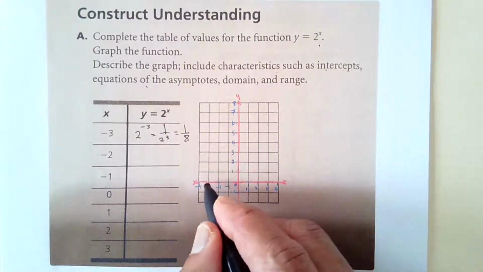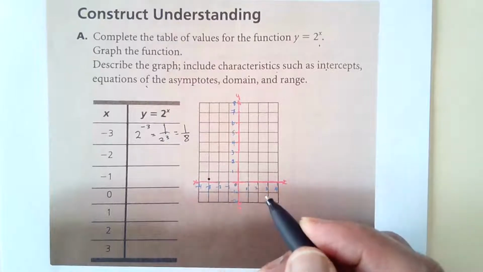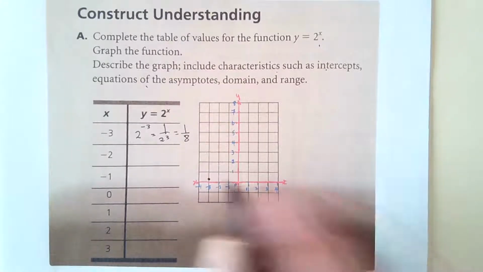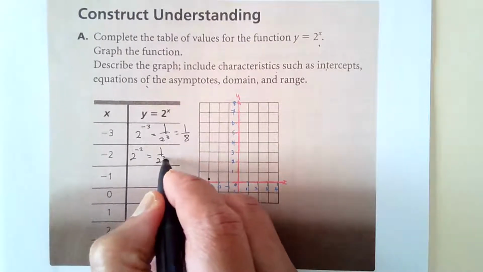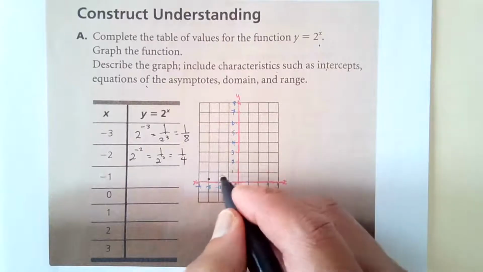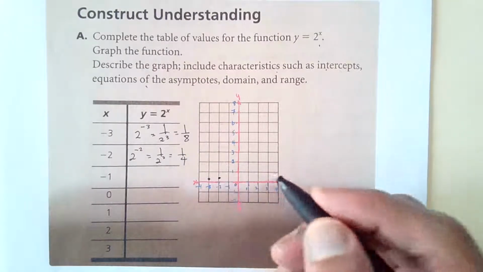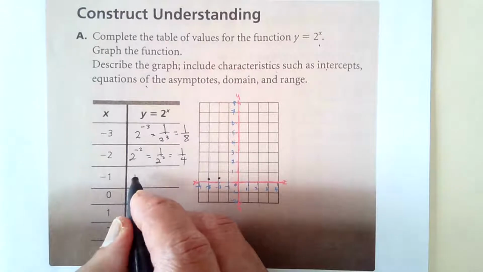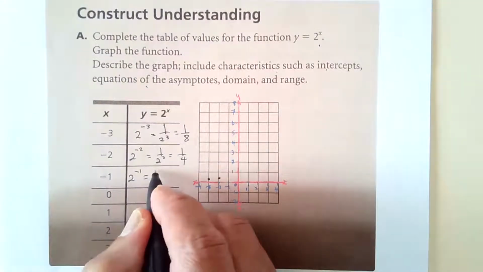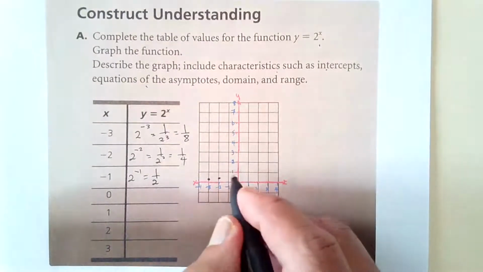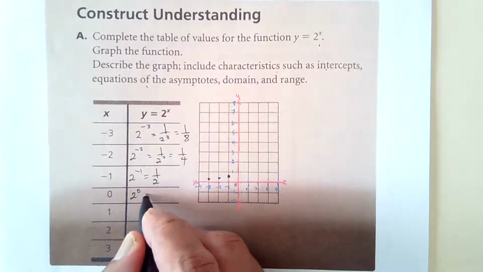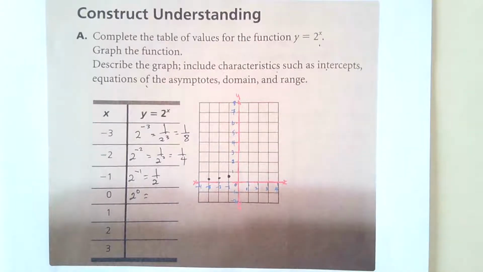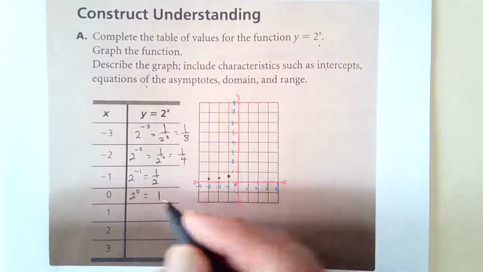So -3 would be approximately that point. 2 to the -2 is 1 over 2 to the power 2, 1/4. 2 to the -1 is 1/2. 2 to the power 0, and this is where you're using your zero exponent rule, it's 1.